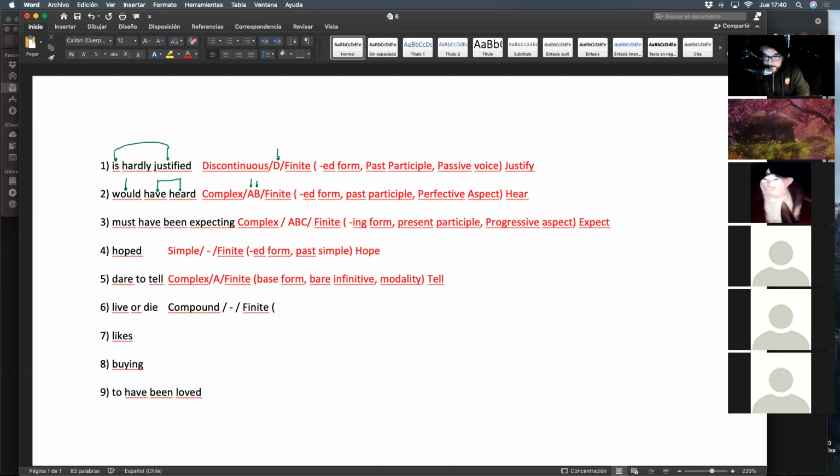And now both verbs have the same form. Therefore they are in their base form because they are in present simple. And the base forms are live, die. And that's it. ¿Preguntas?